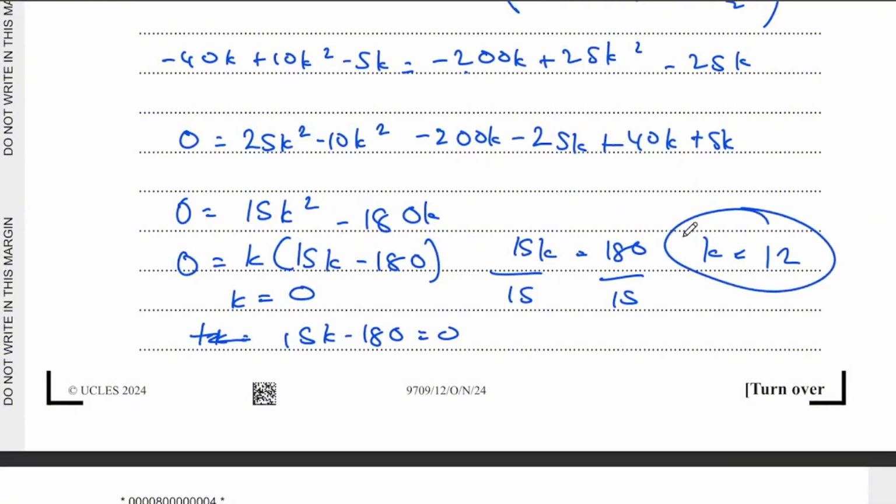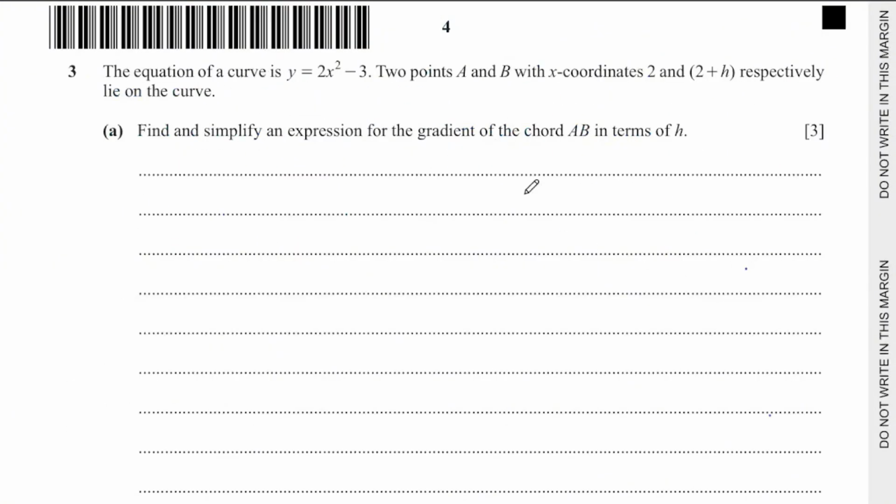So k equals 12. So for this next part, the equation of a curve is y equals 2x squared minus 3, and there are 2 points with x being 2 and x being 2 plus h. So point A, point B, this is 2 and something and this is 2 plus h and something.